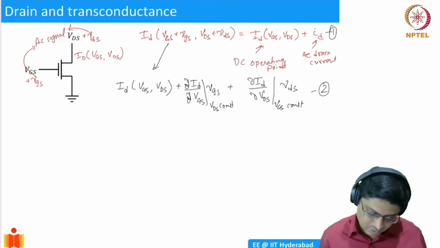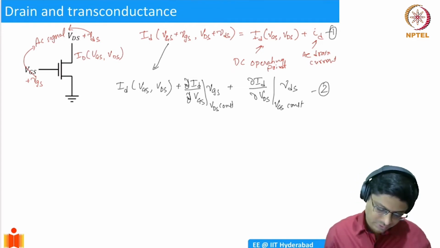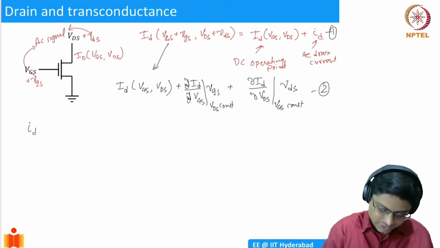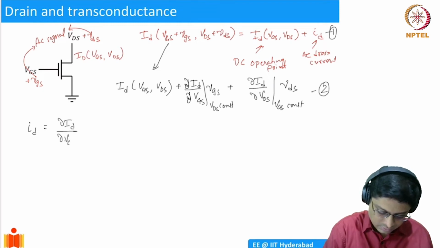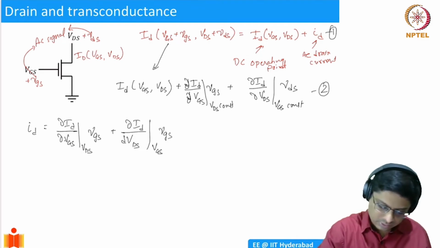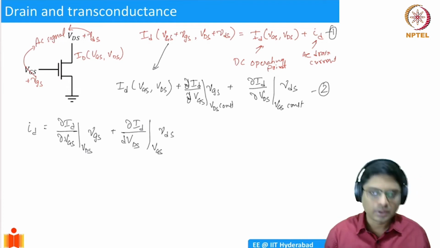By subtracting, what essentially you get is id, the small signal current, is going to be equal to dID by dVGS at constant VDS times vgs, plus the partial derivative of ID with respect to VDS at constant VGS times vds.